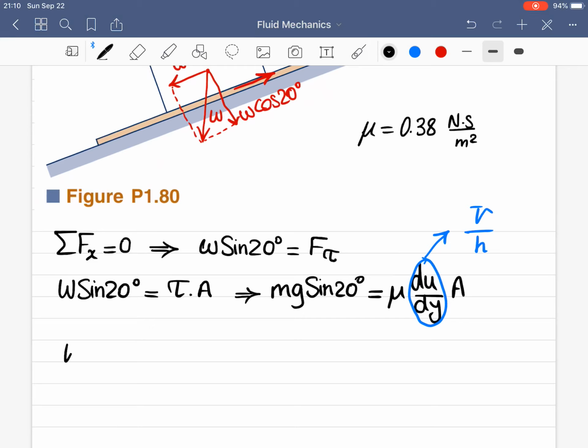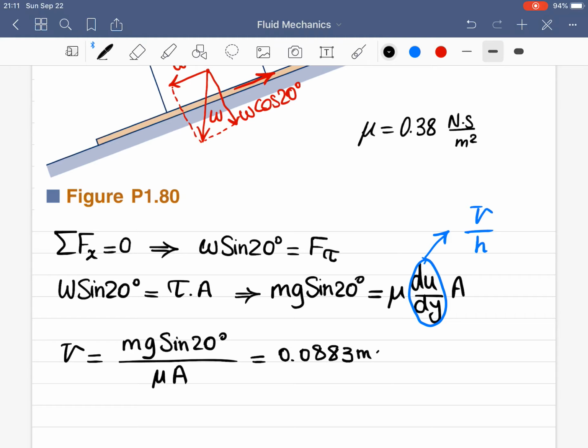So from here, the velocity would be equal to m g sine of 20 degrees divided by mu times the area, which would be equal to 0.0883 meter per second.